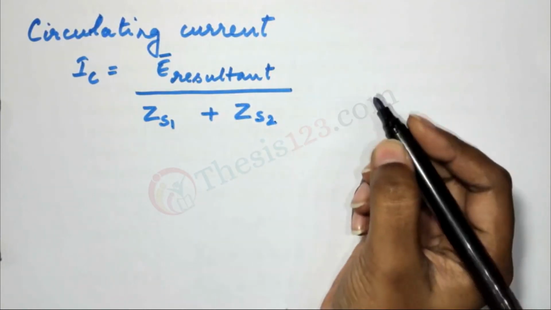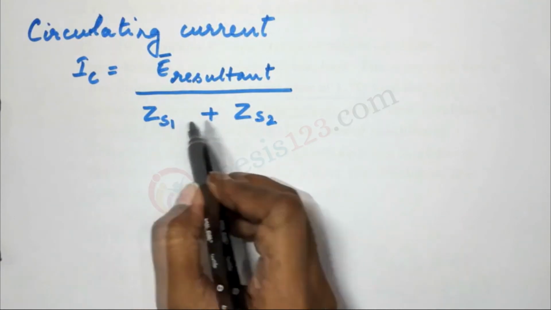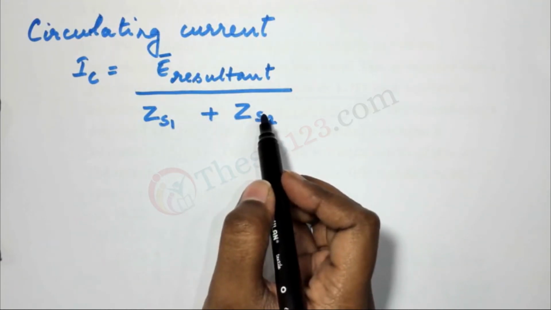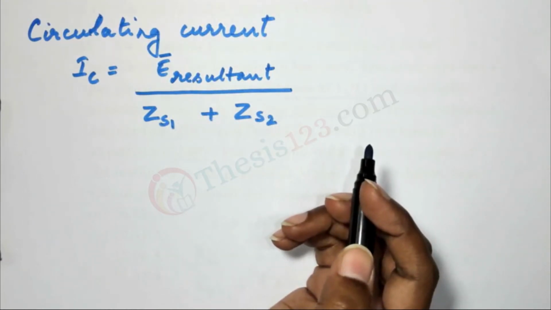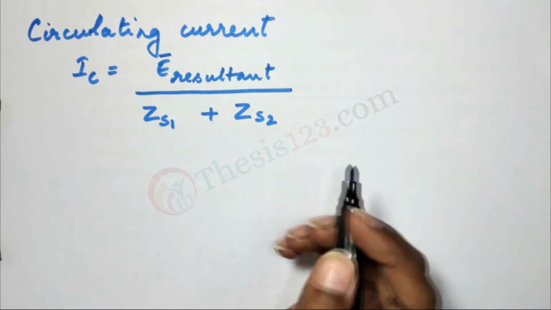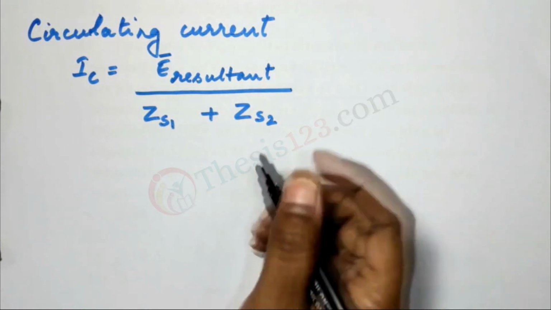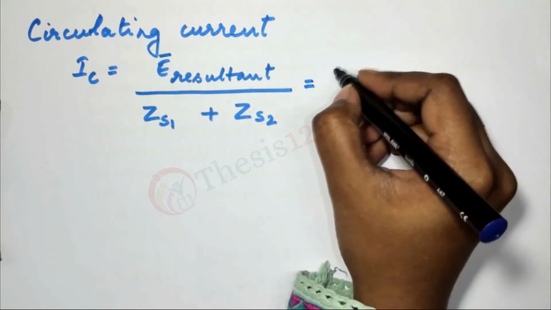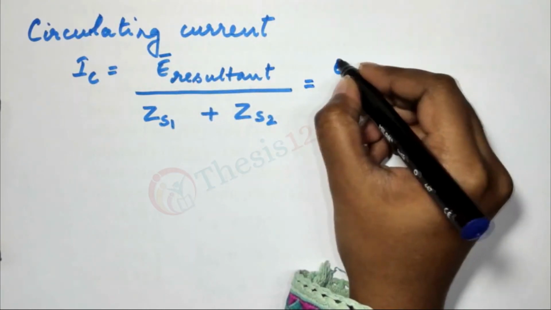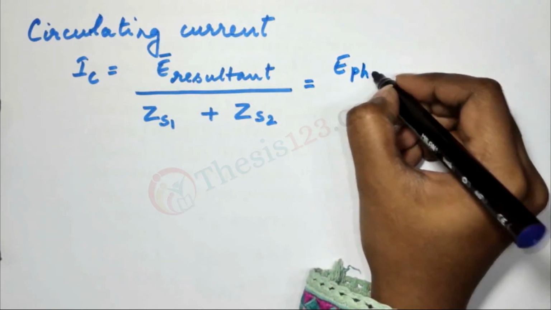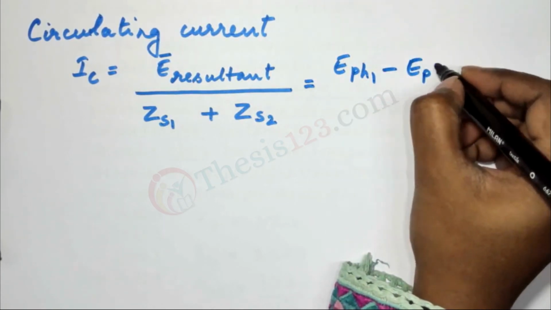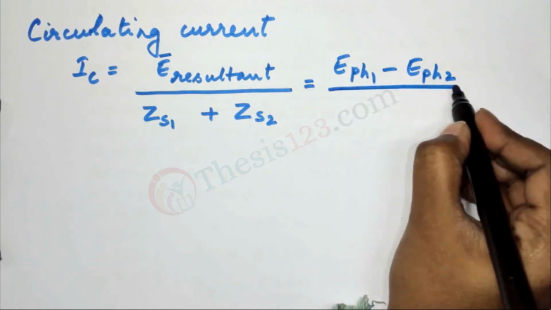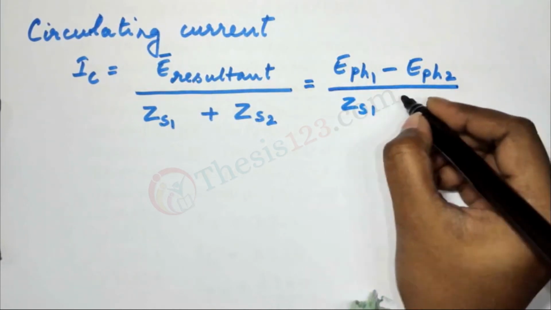Now, the synchronizing impedance is equal to the synchronizing reactance given to us in the question. So here the resultant EMF can be written as E phase 1 minus E phase 2 divided by ZS1 plus ZS2.